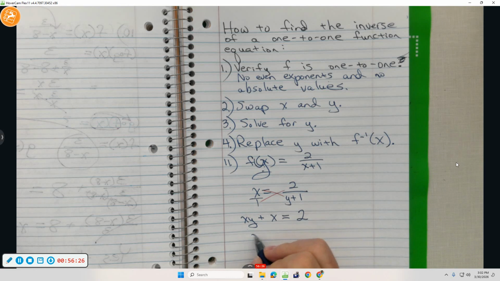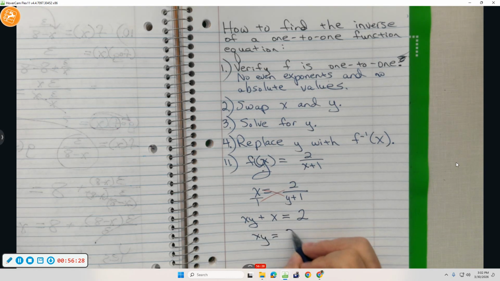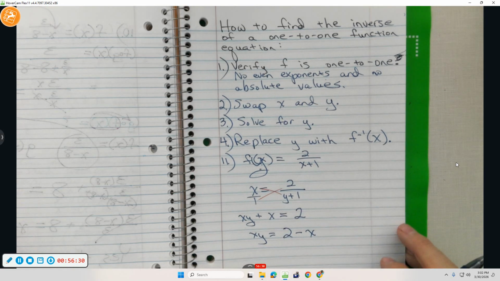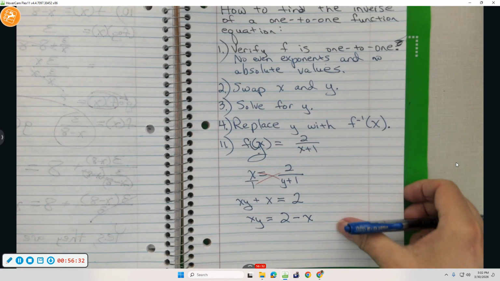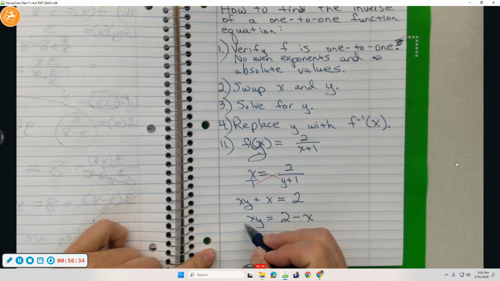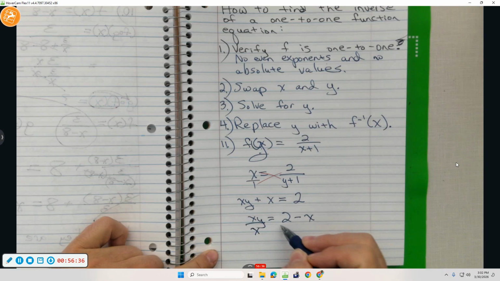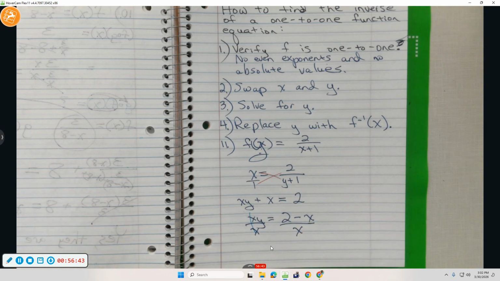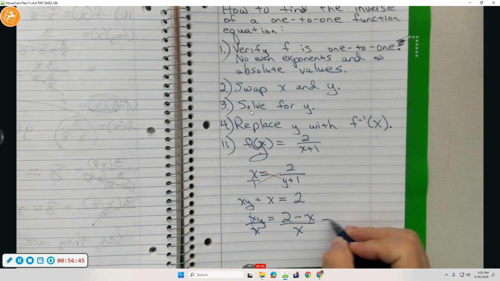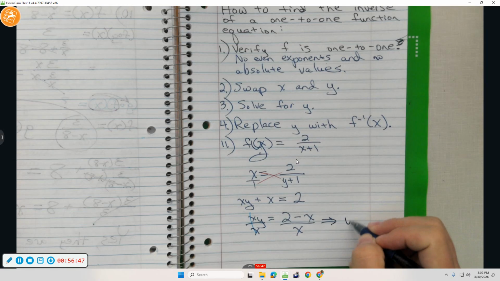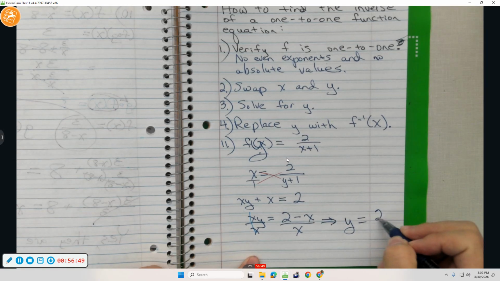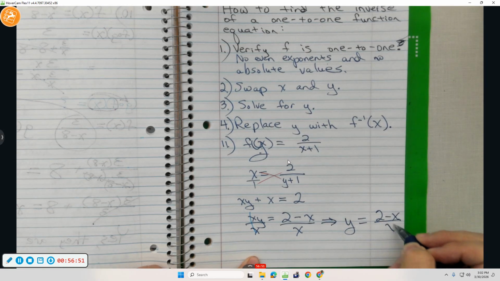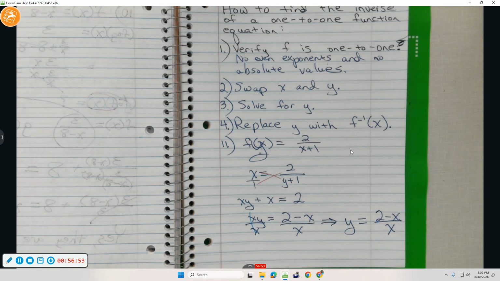Subtract x to get xy equals 2 minus x. And then divide by x. I'm getting down real low. That gives us y equals 2 minus x all over x.